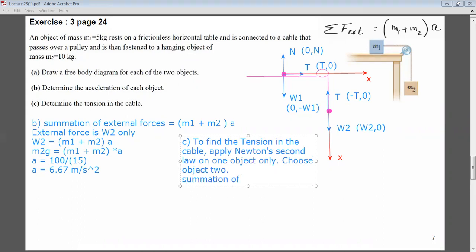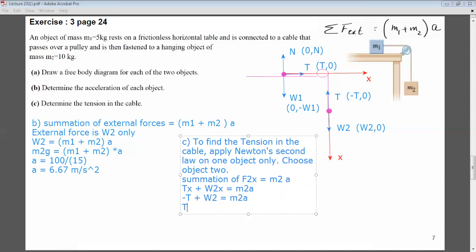The summation of Fx on the second object is equal to M2A. What are the forces acting on the second object? The x components are Tx plus W2x equal to M2A. Tx is minus T, W2x is W2, equal to M2A.